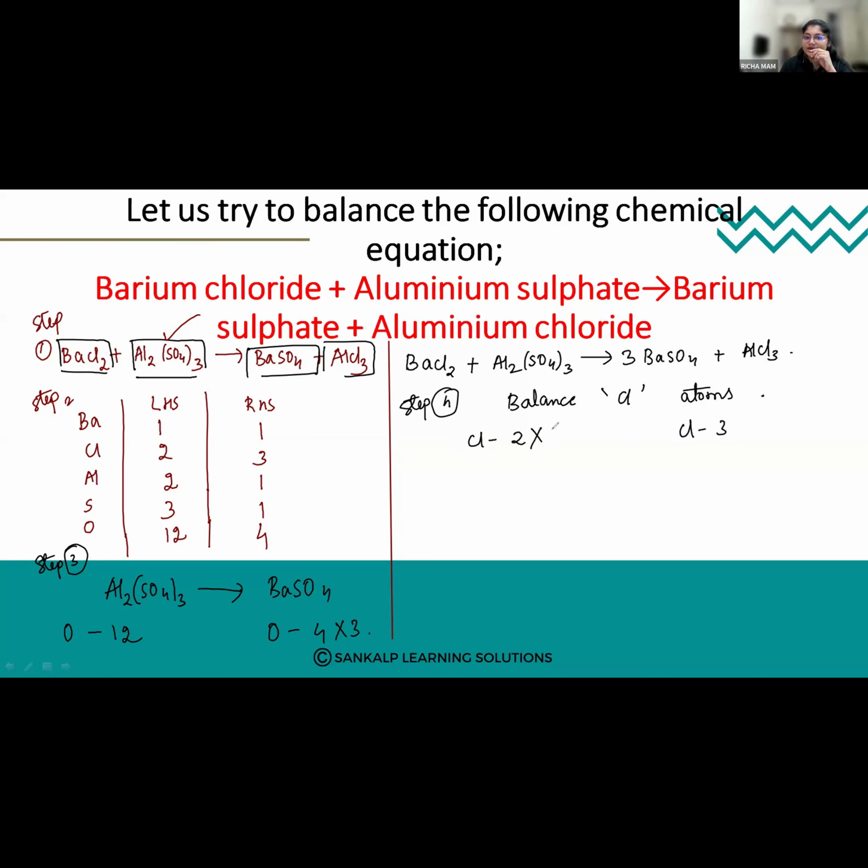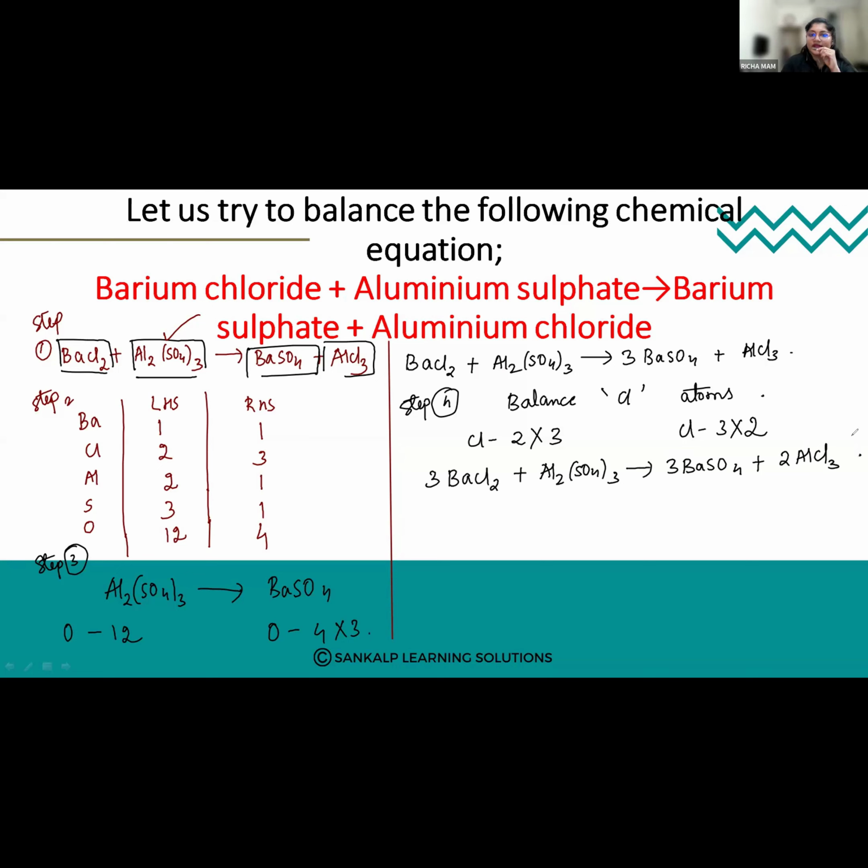If I multiply this by 3 and the other by 2, you will get 6, right? So just balance it. So this will be 3 BaCl2 plus Al2(SO4)3 giving you 3 BaSO4 plus 2 AlCl3.